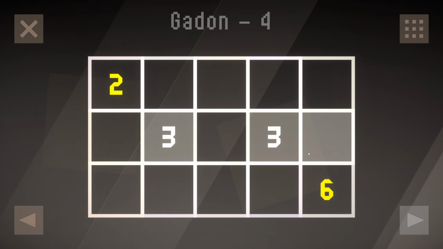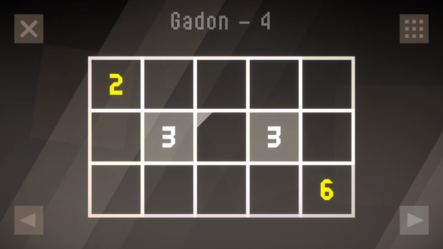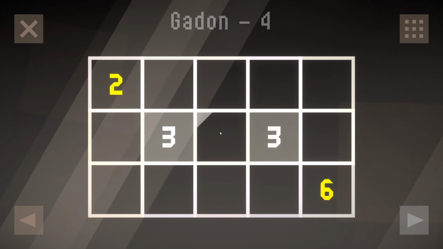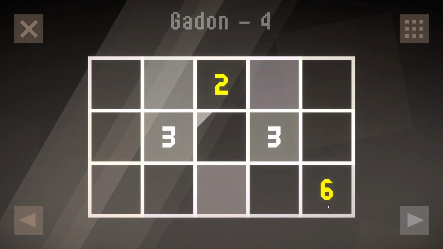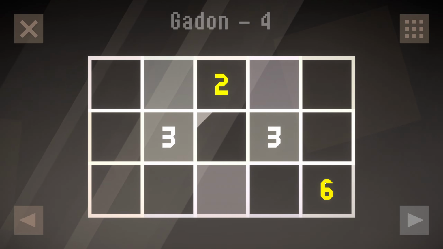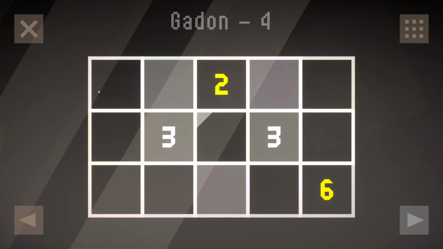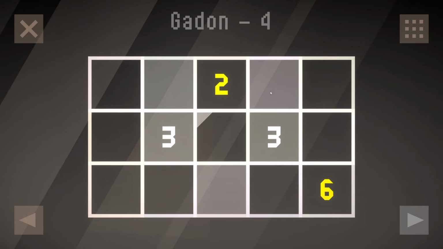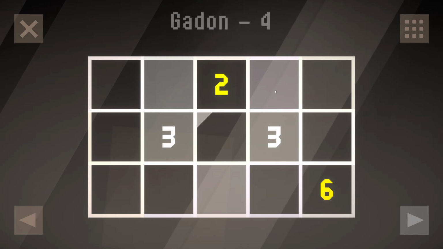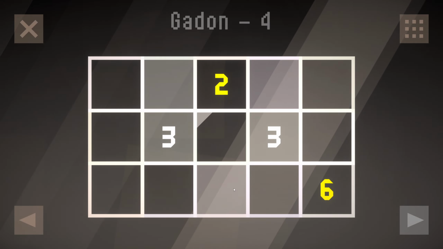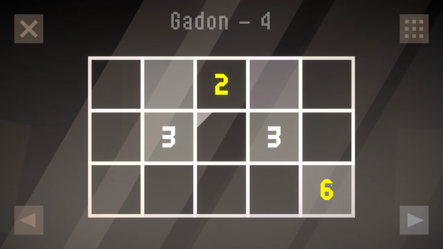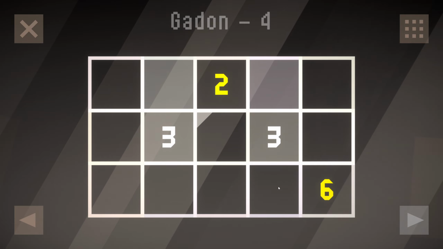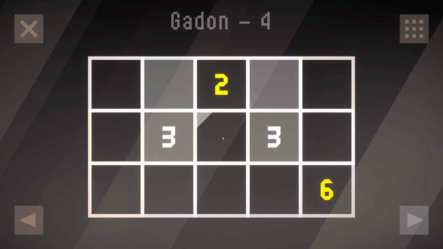So that means this is true, and that is empty. We can do that, but then the 2 sides are not 6 large. So I don't think it's this. 2, 3, 4, 5, 6.